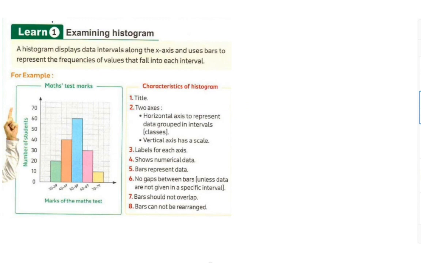Learn number 1, examining histogram. What is a histogram? Read with me. Histogram displays data in intervals. What are intervals? An interval is a period, like from 0 to 5, 5 to 10, 10 to 15.